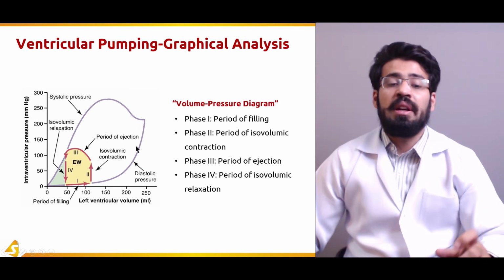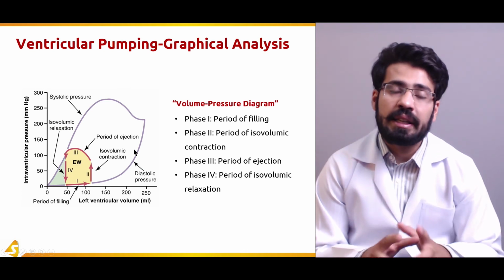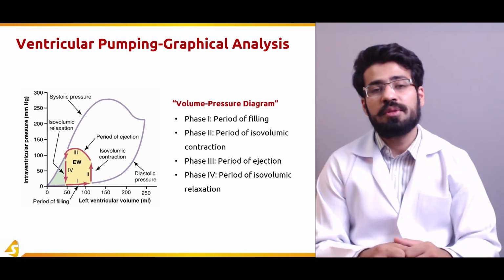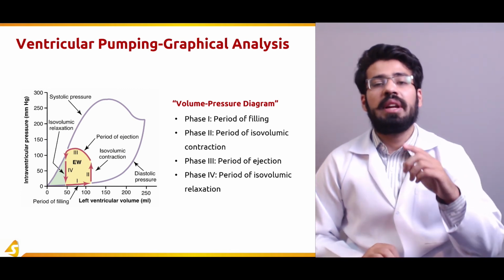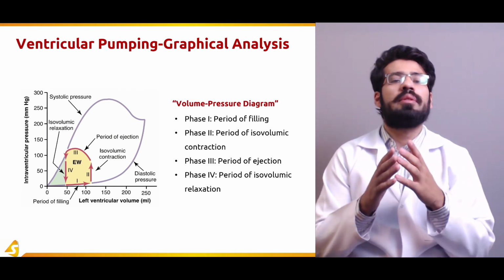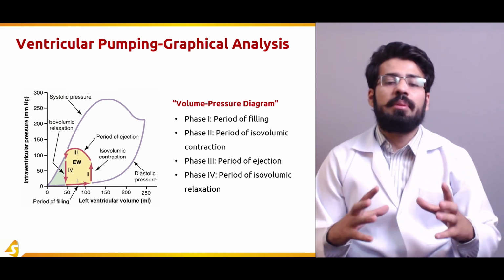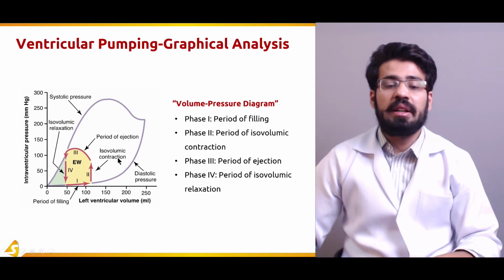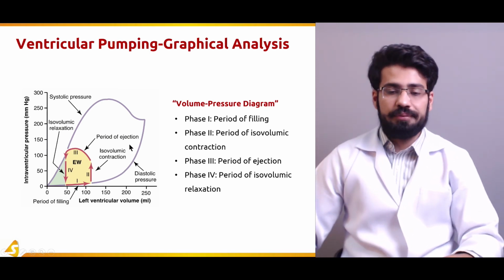Along with that, the intraventricular pressure will increase. That increase is because of the conduction of the nerve impulses from the SA to the AV node, from the AV node to the bundle of His, and from the bundle of His to the Purkinje fibers, where the cardiac muscle starts to contract. But here, in the case of the diastolic pressure, the ventricles are filled to the maximum extent.